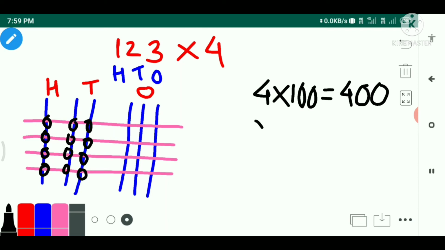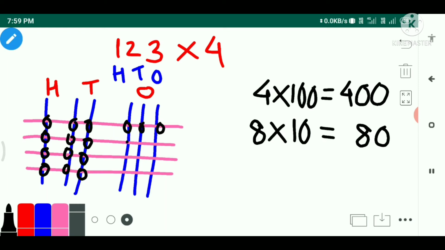So we got what? 8. We'll multiply by 10, and we'll get what? 80. Right? Now see in ones place, 1, 2, 3, 4, 5, 6, 7, 8, 9, 10, 11, 12.